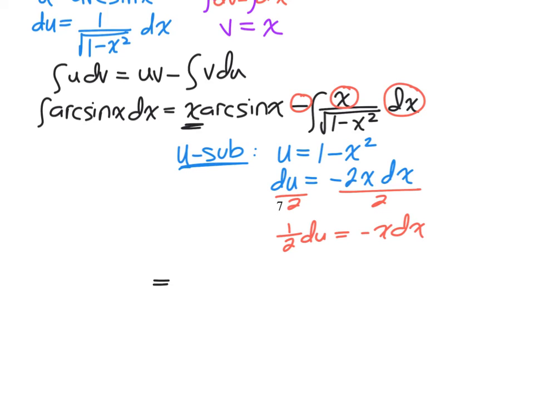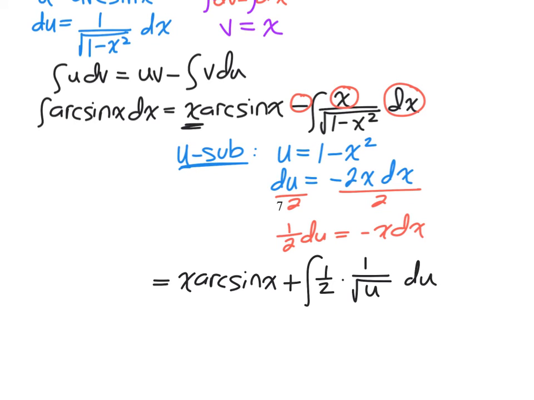All right, I'm just going to rewrite the entire right-hand side. x arc sine x. Then it's going to be plus, because that negative is about to go away, 1/2 times 1 over the square root of u du. I just moved some things around strategically, taking the 1/2 du and putting it together with the 1 over the root of u, so that it makes sense notation-wise.